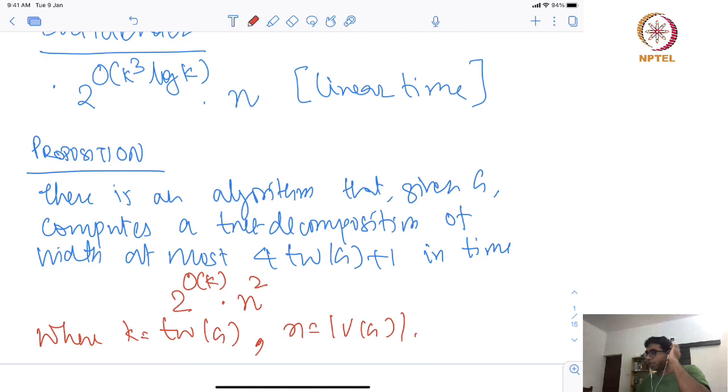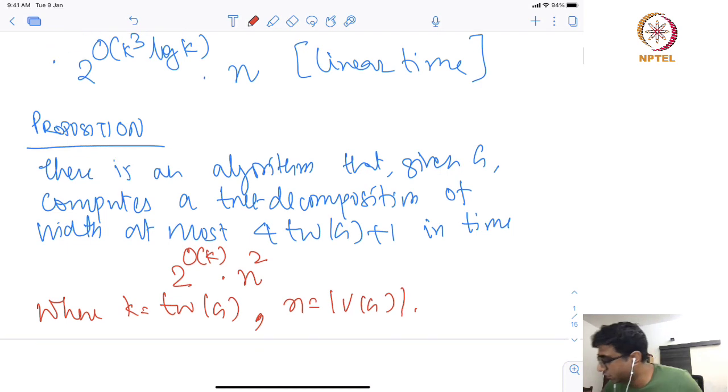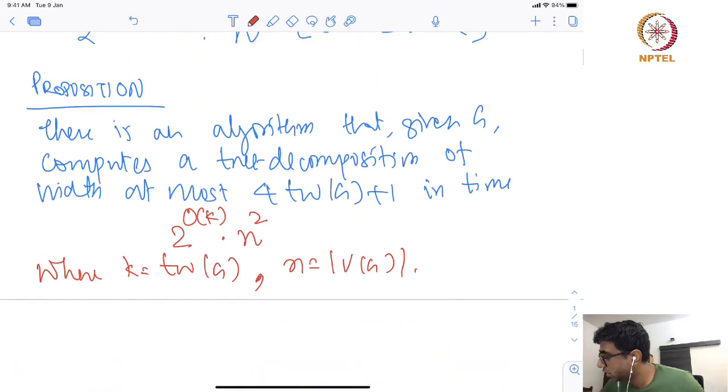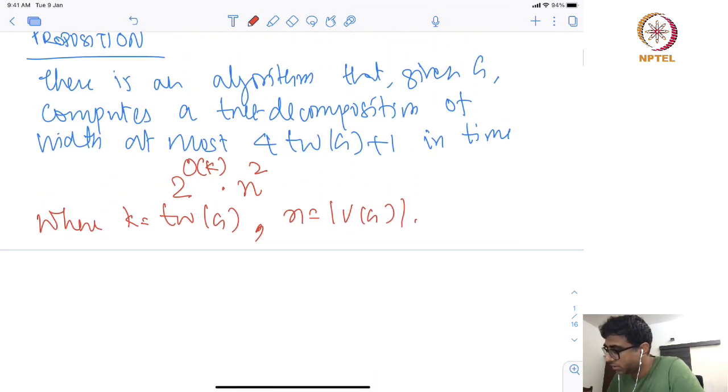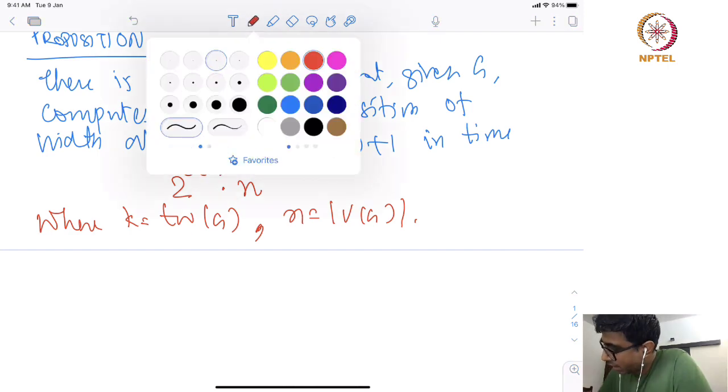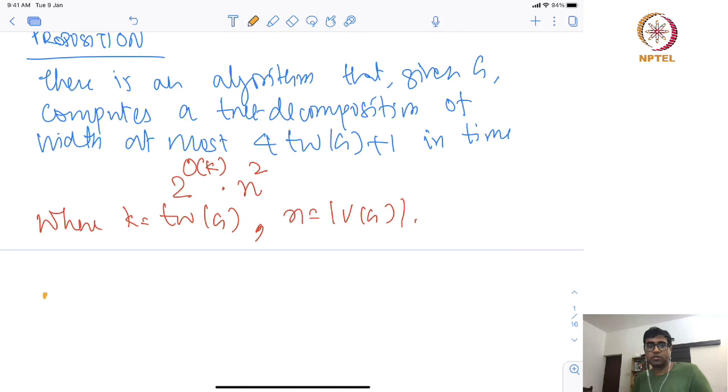If you think from the perspective of approximation, then what it means is that we can convert this algorithm as follows. Using this algorithm, we can come up with the following approximation to tree width.